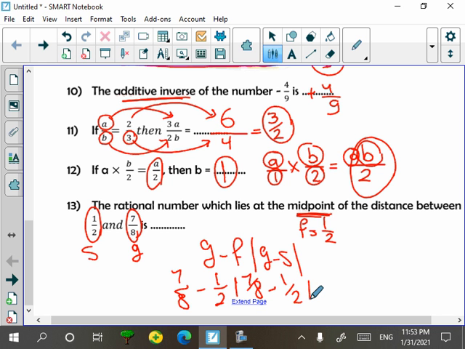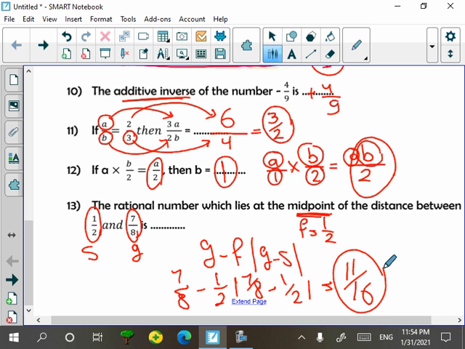Okay, by using the calculator, write it on the calculator, 7 over 8 minus, open bracket, half, 1 over 2, and absolute. 7 over 8 minus 1 over 2, then the answer it will be equal 11 over 16.